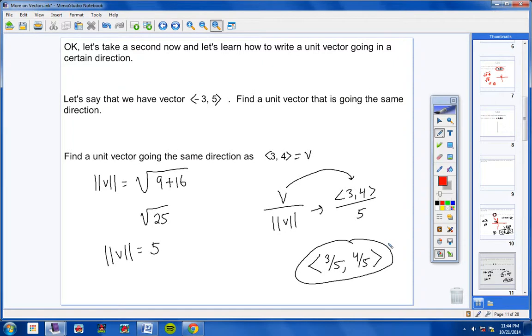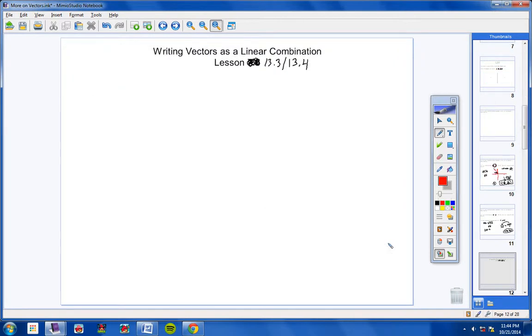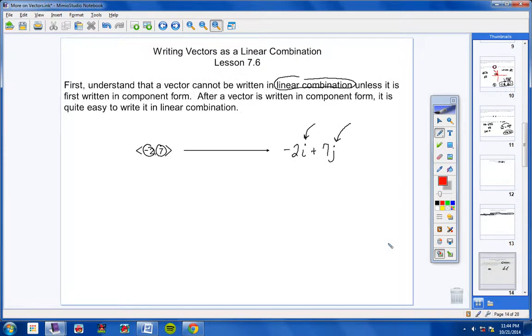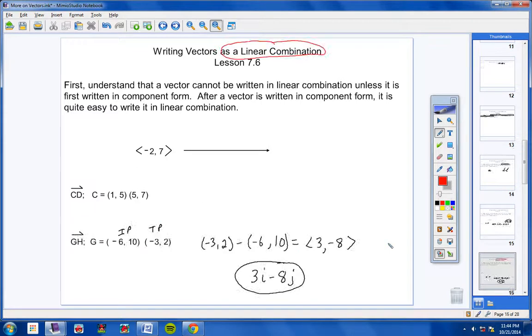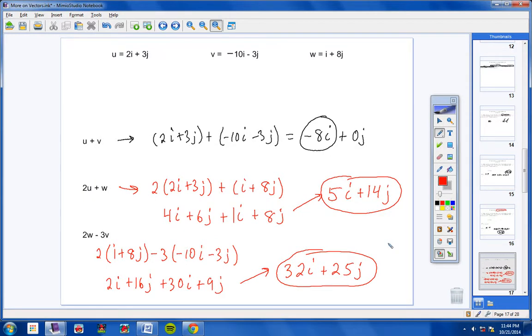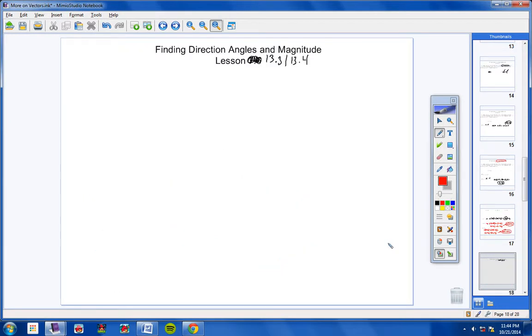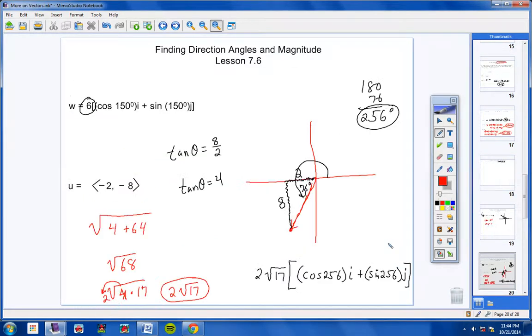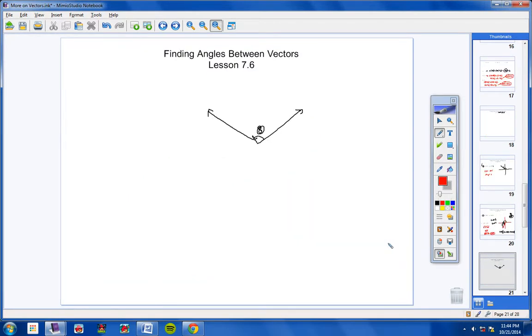You should be able to write a vector as a linear combination like this. And you should also be able to take linear combination vectors like this and simplify them. You should be able to find direction angles and magnitude of vectors. And lastly, you should be able to find angles between vectors, okay?